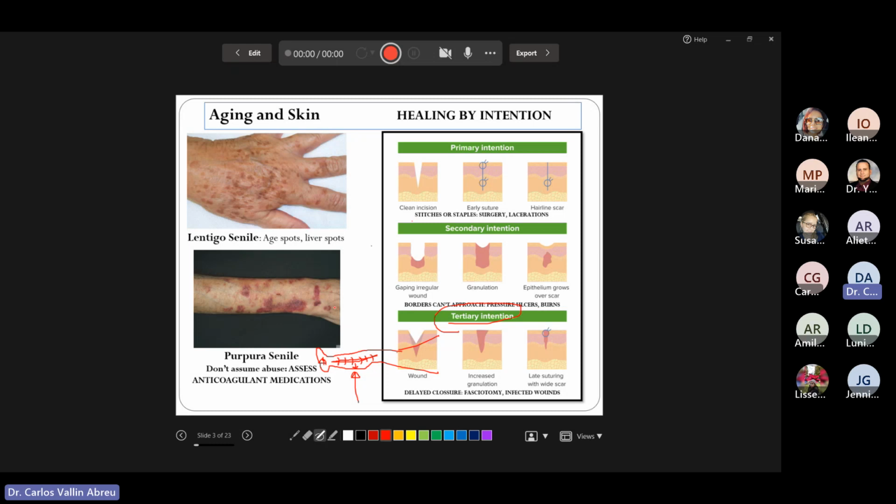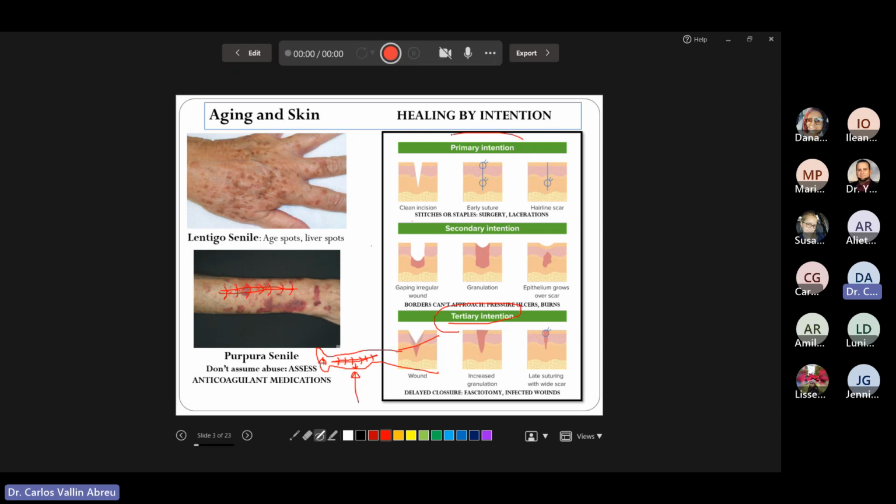Also, when we have a laceration but it's very contaminated, there is a lot of contamination inside, doctors can leave the laceration open for days while the antibiotics and the cleansing process, the irrigation, cleans the wound, and then when the infection is already controlled, they close, they approximate the borders with stitches.